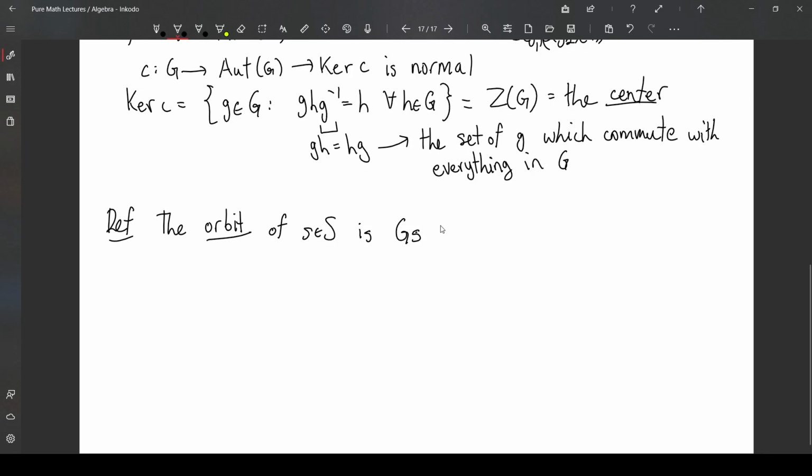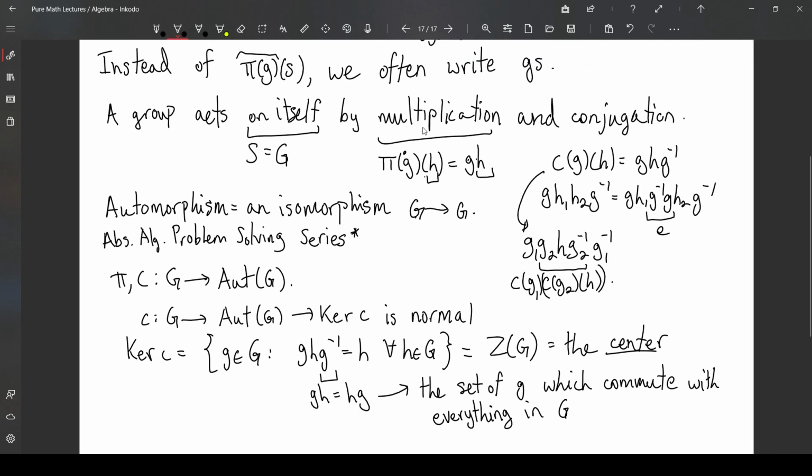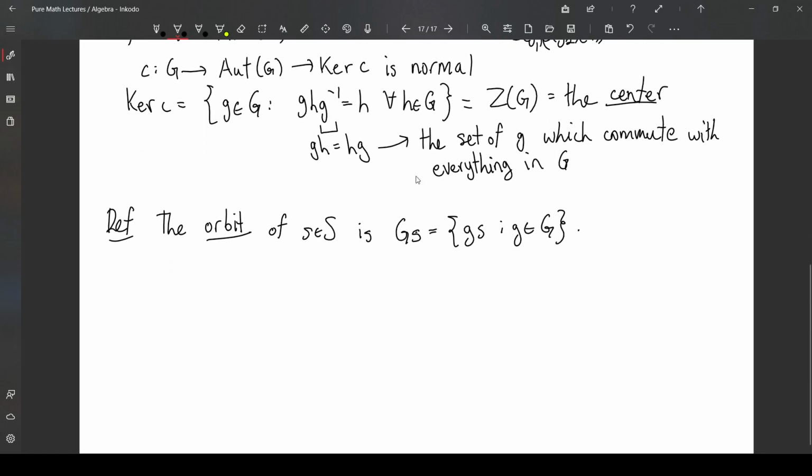We denote it like the group G times s, which is the set of gs where g ranges over all elements in G. Now, of course, we don't necessarily have to have that all of these are distinct. You can have two group elements sending some element in the set to the same thing, right? That's a possibility.